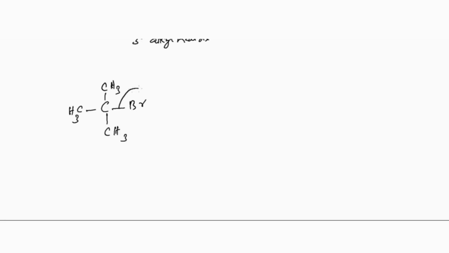If you break the carbon-halogen bond by heterolytic cleavage, that hindrance may be reduced, and it forms a carbocation like this.